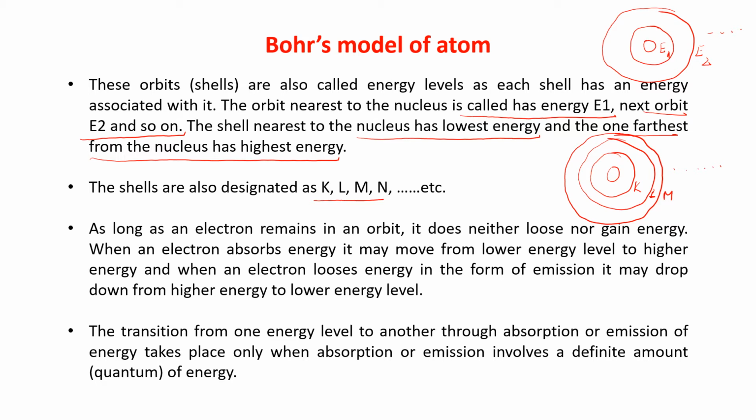As long as an electron remains in an orbit, it does neither lose nor gain energy. If it is moving in a particular orbit, it neither loses nor gains any energy. When an electron absorbs energy, it may move from lower energy level to higher energy level.